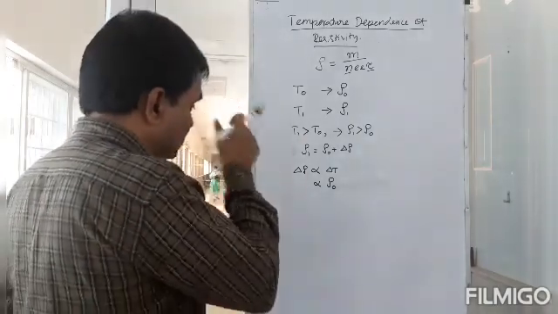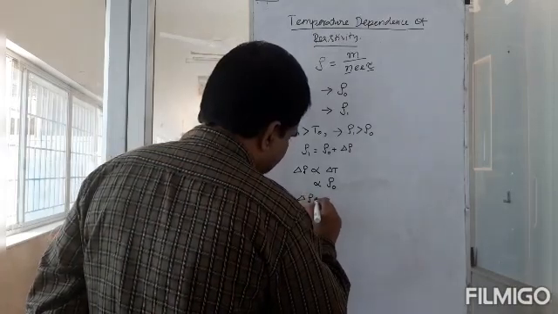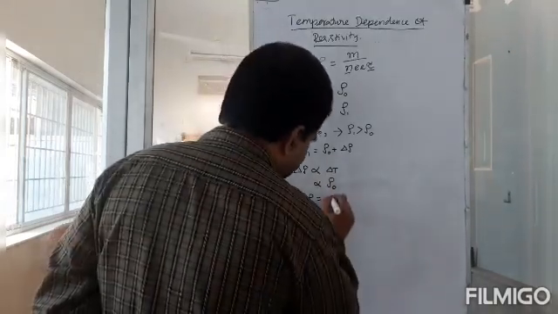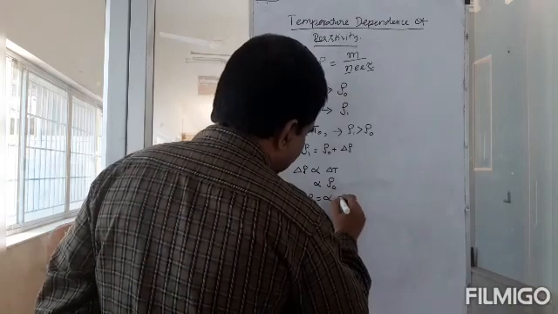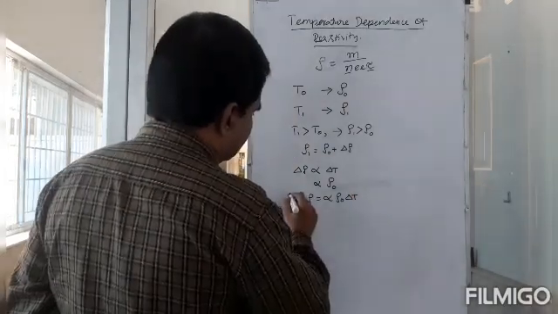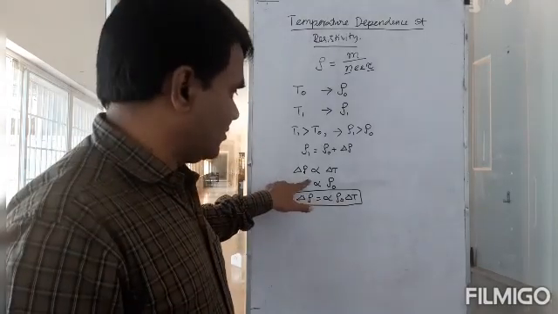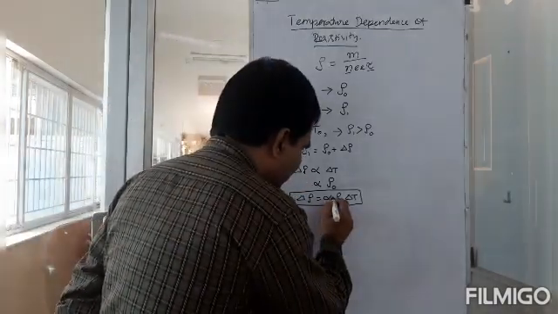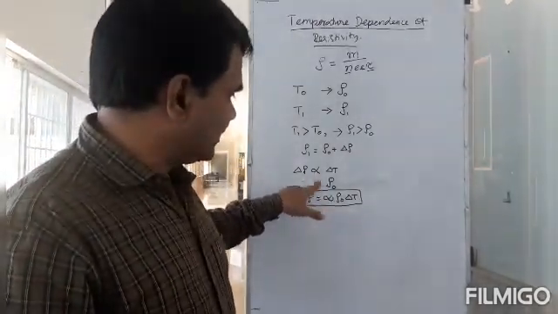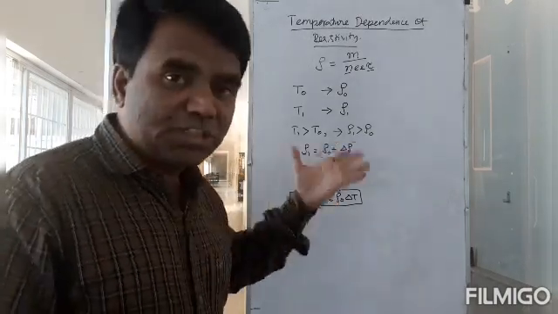So if I combine this, delta rho can be written by introducing a constant of proportionality, which I will call alpha, times rho naught and delta T. Alpha and the proportionality symbol are two different symbols; this is a constant, and this is just the proportionality symbol.